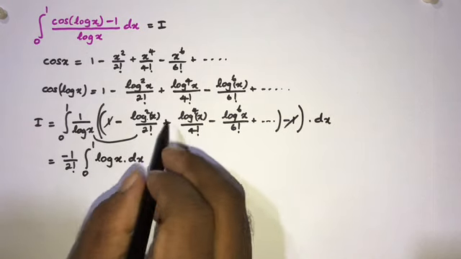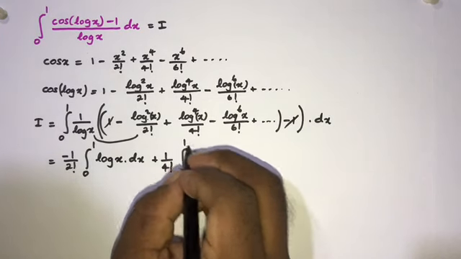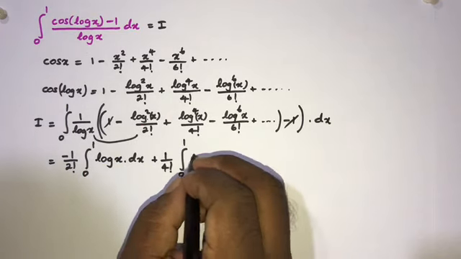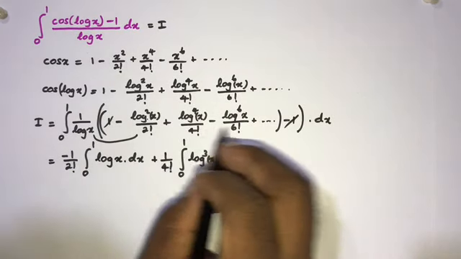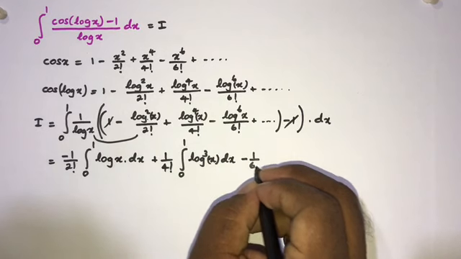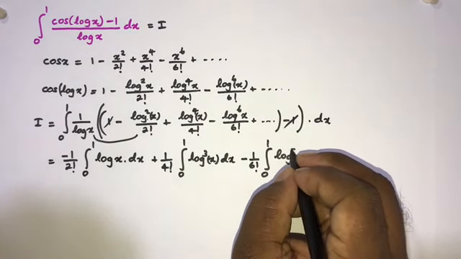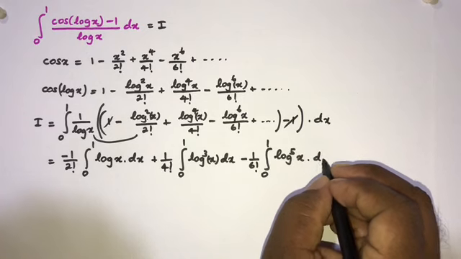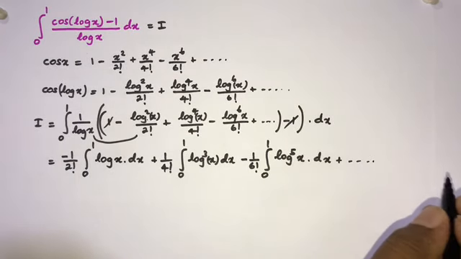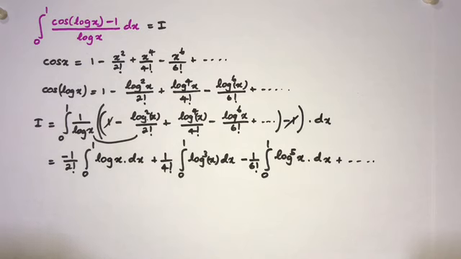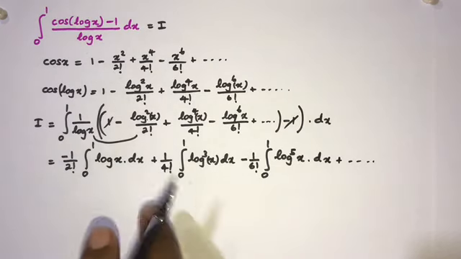Then plus 1 over 4 factorial, a constant, times the integral from 0 to 1 of log cubed of x dx, and then minus 1 over 6 factorial times the integral from 0 to 1 of log to the 5th power of x dx, plus and so on. These integrals are all the same type.